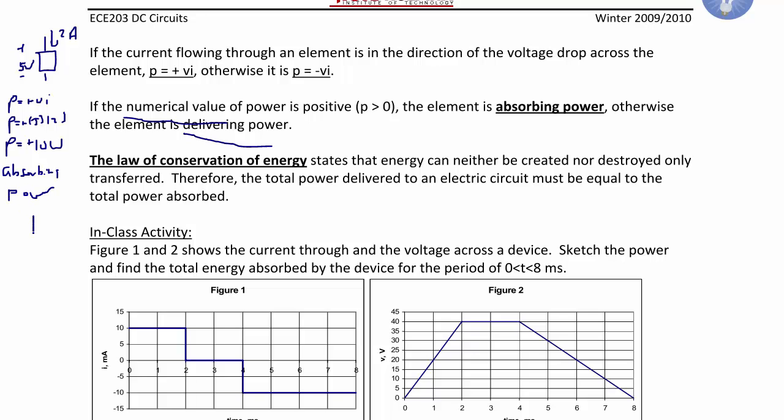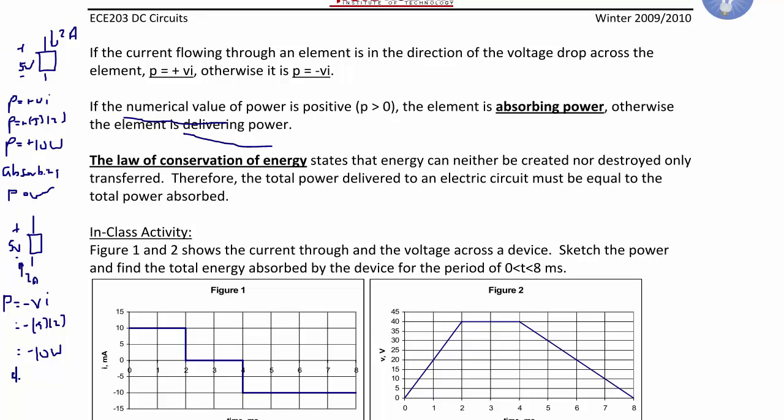Now, if I gave you another basic circuit element, and I do the current coming up and called it 2 amps, and I have negative and positive 5 volts, then this does not obey the passive sign convention, so P is equal to negative V times I, or negative 5 times 2, which is negative 10 watts. That means that this element is delivering power.